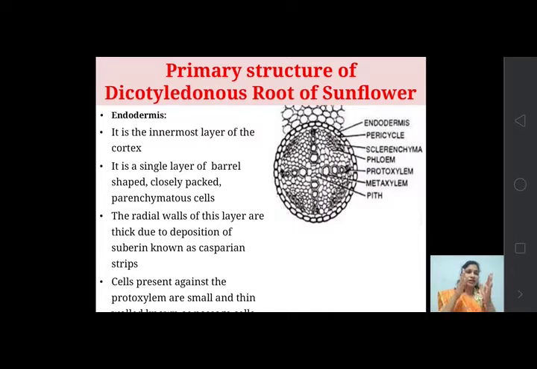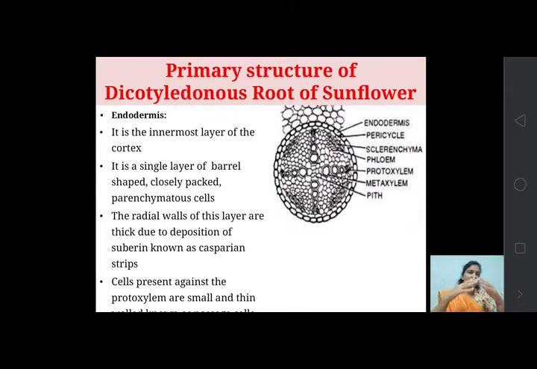The radial walls of this layer are thick due to the deposition of suberin or lignin-type material, which is known as the Casparian strips. The adjacent radial walls are thick, only these radial walls are thick. Because of this, the two tissues do not exchange any material.